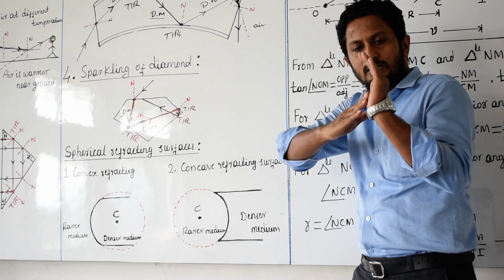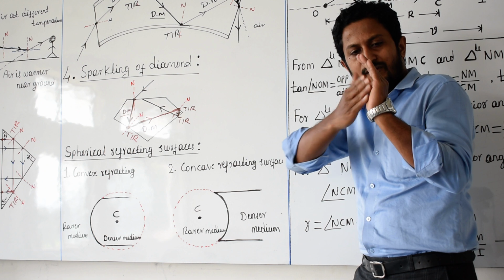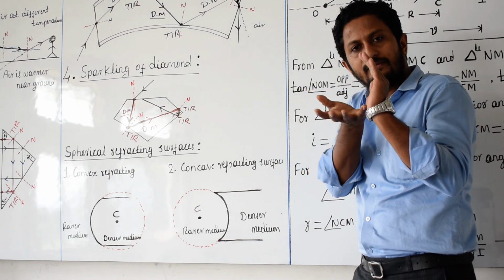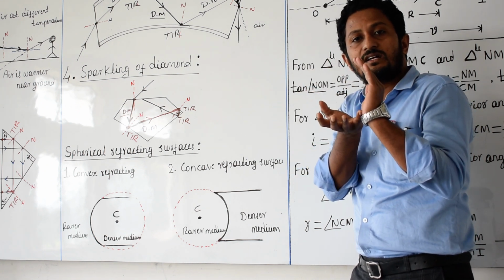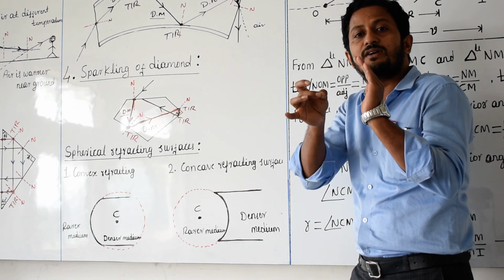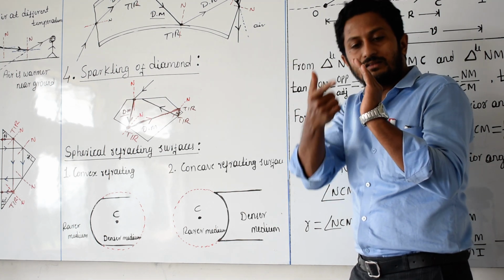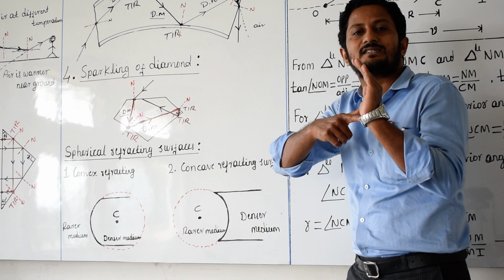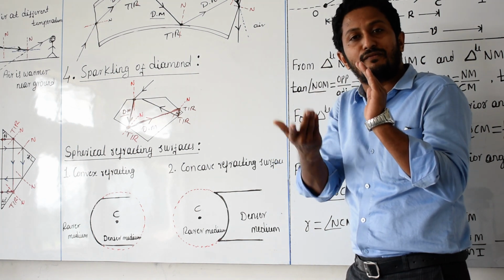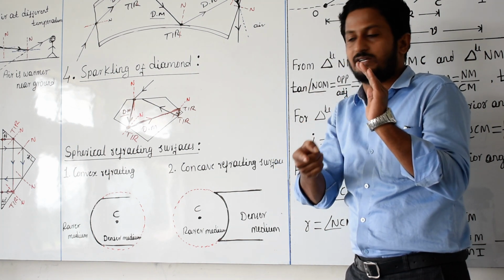This curved surface looks like a part of this imaginary sphere of transparent material. This surface we call a spherical refracting surface.